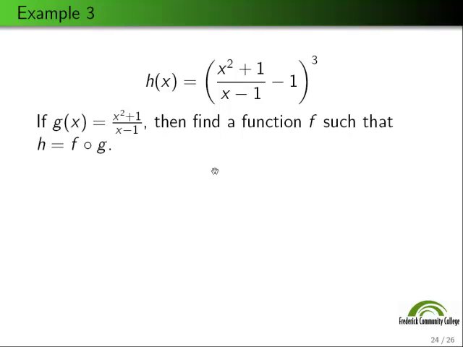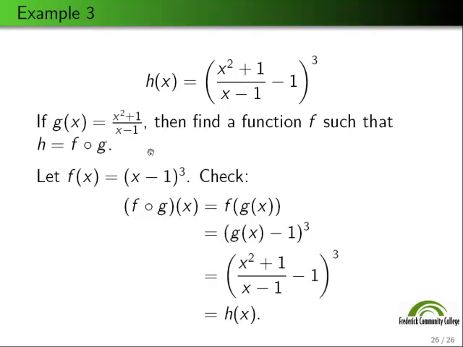Okay, so I know I'm going to be plugging g into something, and here we're taking that function g, subtracting 1, and then cubing it. So this tells me that I want my function f that I'm going to be plugging g into to simply be x minus 1 cubed. Because now think about it, if I plug g in here for x, I get h of x back.